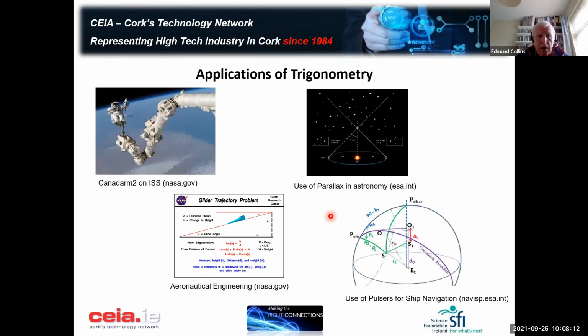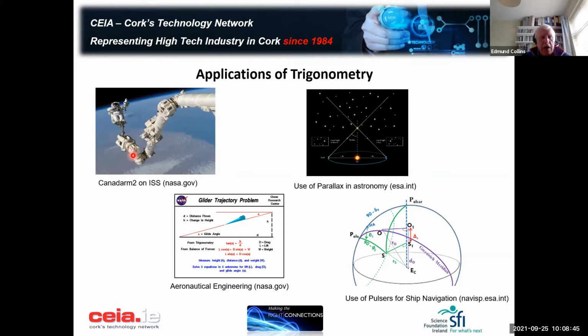So we'll start the tutorial. Now, the applications of trigonometry are many and varied, and I've just brought a few of them here in the slide. So in this photo of the Canadarm2 on the International Space Station, the engineers who were designing this arm in Canada, I presume, would have used trigonometry in the design.